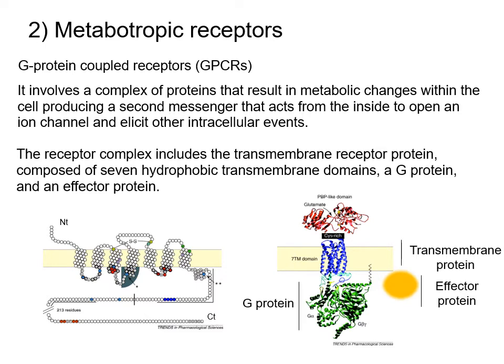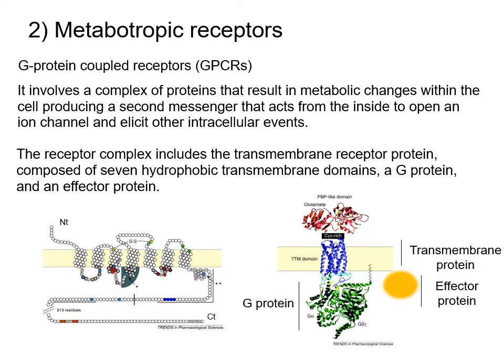These receptors are considered a 7-transmembrane type receptor because their transmembrane domain crosses the membrane 7 times, having 7 alpha helices embedded in their membranes. And they are also formed by a G protein.